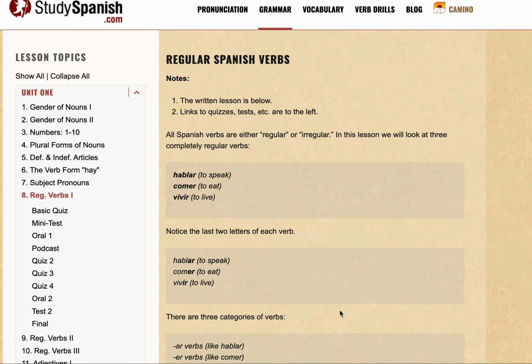The third one, which you saw in the last video, was nosotros, and that you had amos, emos, and imos. Amos is for AR verbs, emos is for ER verbs, imos is for IR verbs.